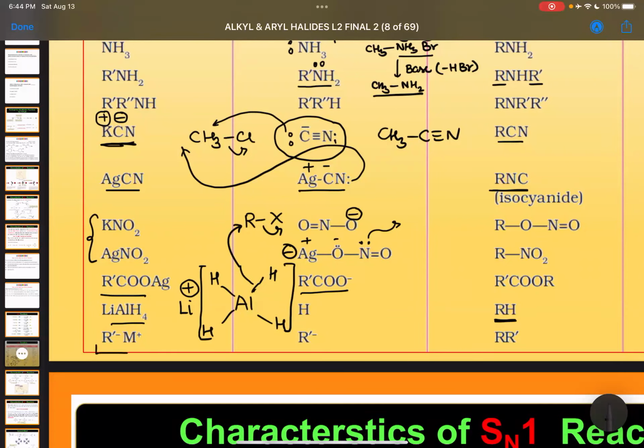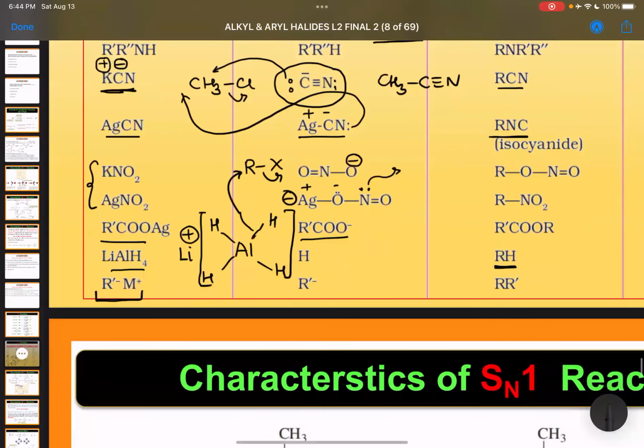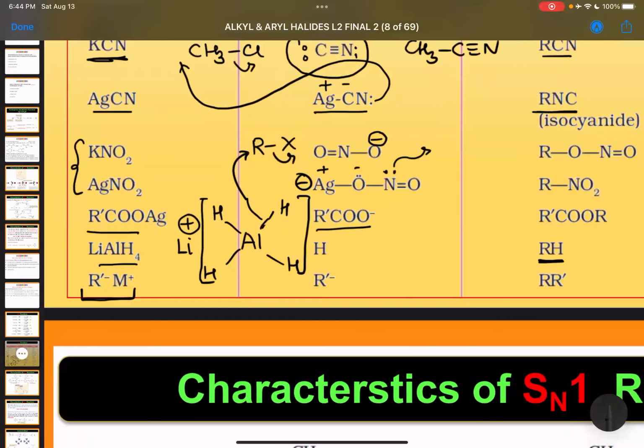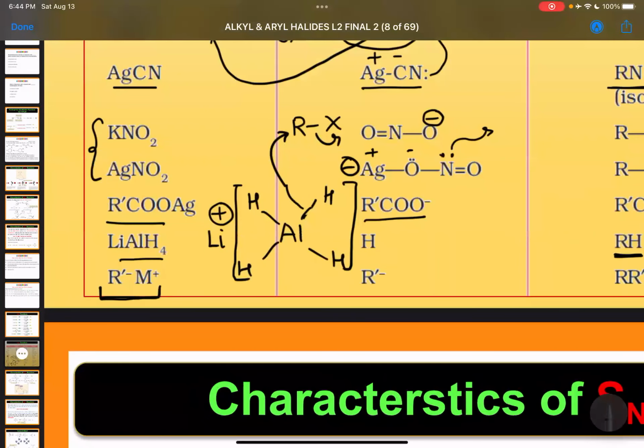And if you take this kind of compound, what is this compound known as? M represents metal. What are these types of compounds called? Yeah.